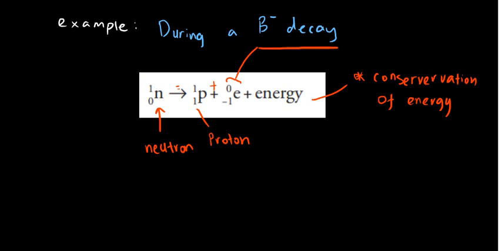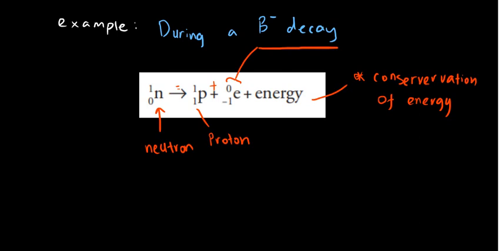Therefore, none of the nucleon has been lost during decay, during the transmission. So the total sum of nucleon on the right side is going to equal the nucleon on the left side. And the same goes for the bottom.